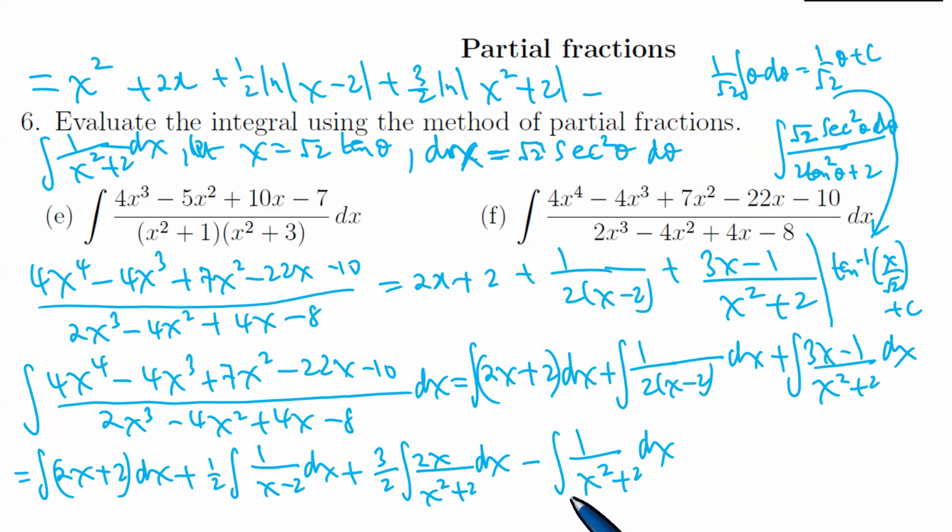Dealing with this, you have 1 over the square root of 2 outside, arctan of x over the square root of 2 plus c. Like that. And this is the answer.